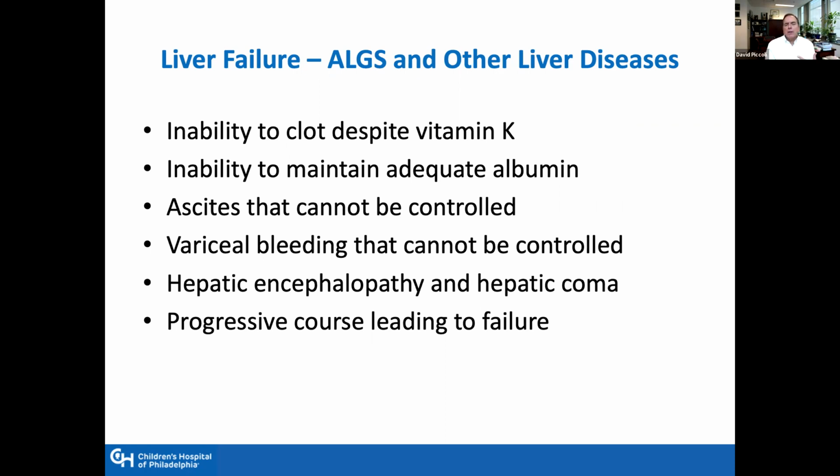But we look at the ability to clot when we're giving enough extra vitamin K, inability to maintain your albumin, ascites, fluid in the abdomen that can't be controlled, variceal bleeding that can't be controlled, encephalopathy and liver coma. That's always an indication that the liver's not working, except sometimes in like a big infection, and a progressive course leading to failure of multiple of these indicators.